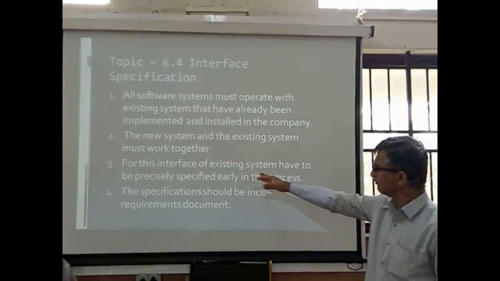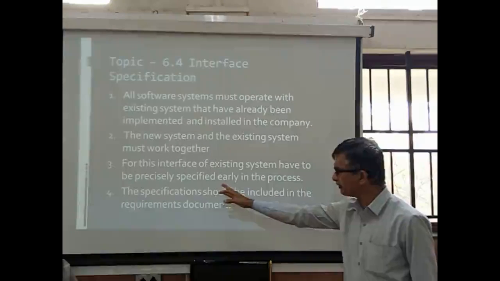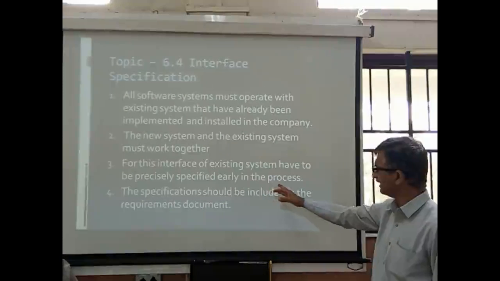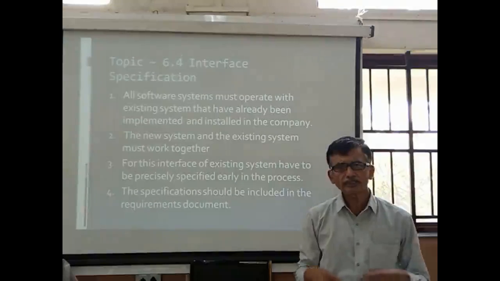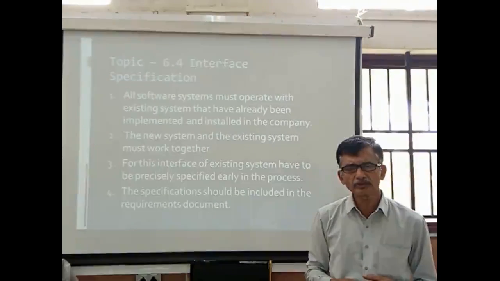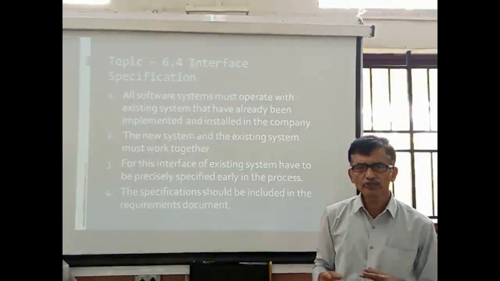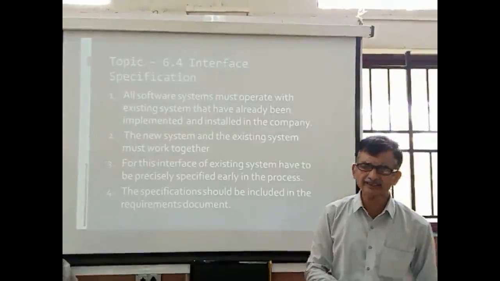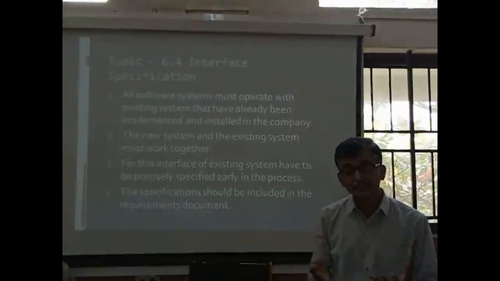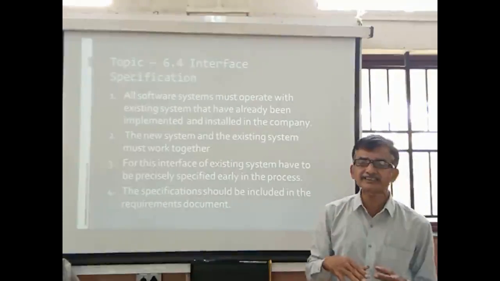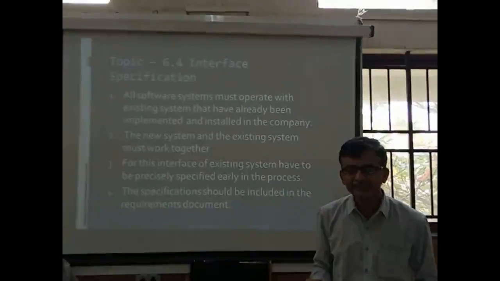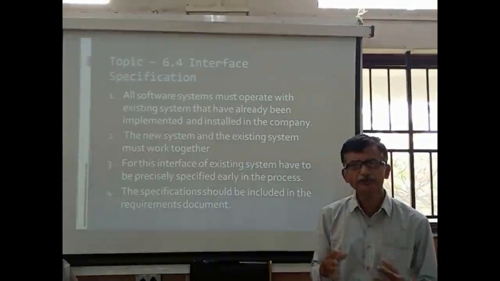For this, the interface of the existing system has to be precisely specified early in the process. The system that you are going to develop should interface with the existing system. So what are the interface requirements of the existing system that must be considered when you are developing the new system?